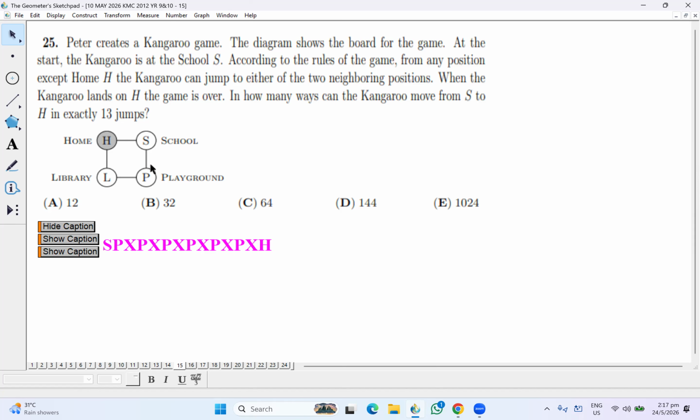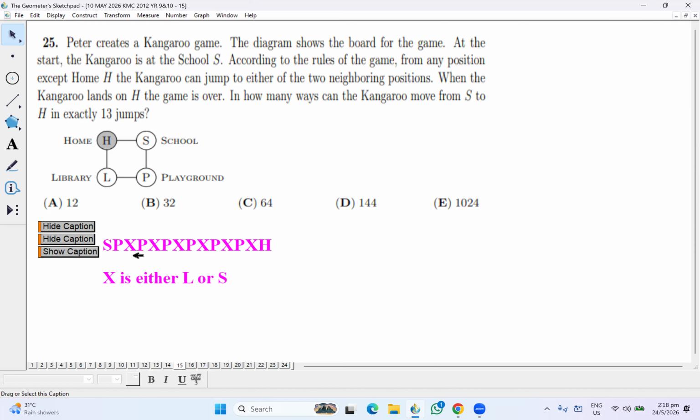And then it must come back to P. It cannot go to H, or the game is over. So whenever P, then X. X is either L or S.